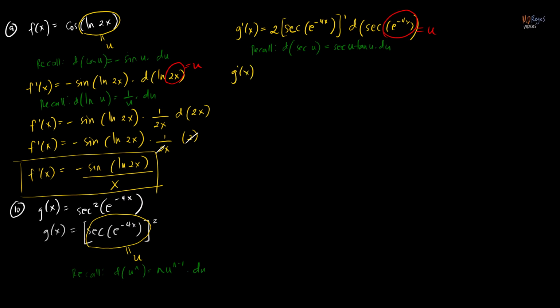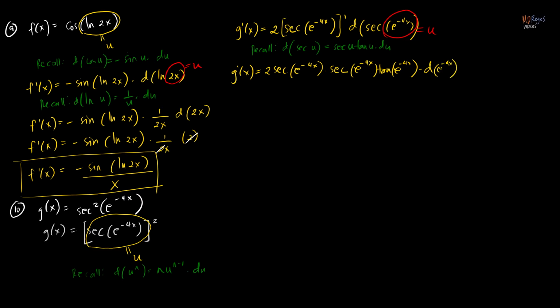Okay, so rewriting, g prime is equal to 2 times secant of e to the negative 4x times the derivative of secant of e to the negative 4x, which is secant of u, where u is e to the negative 4x, times tangent of u, where u is e to the negative 4x, times du, where u is e to the negative 4x.